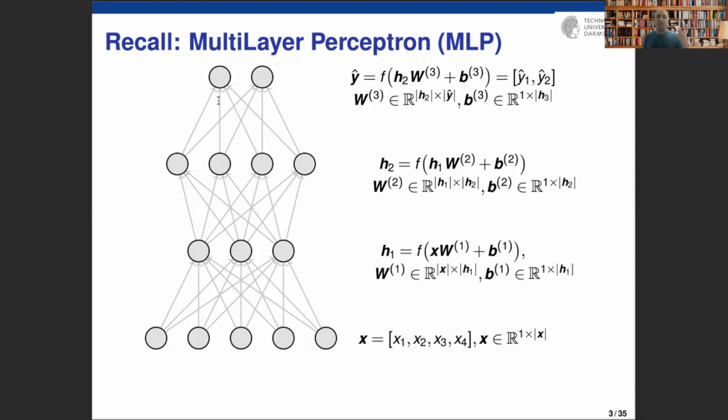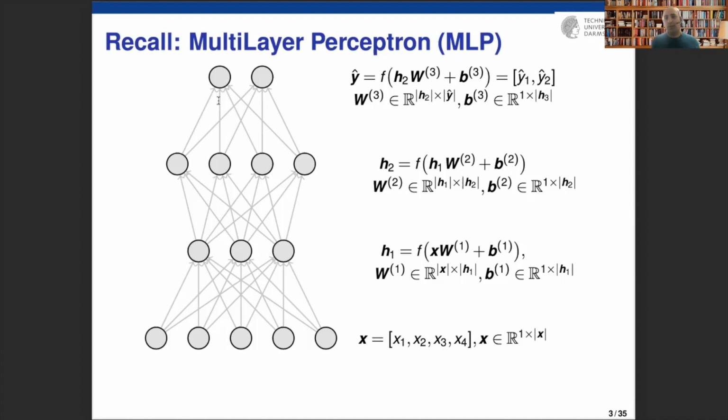It can be one or more than one hidden layers. In this example, we have two hidden layers. And at the top, we have one output layer. The output layer usually estimates the probability of the labels given the input X.